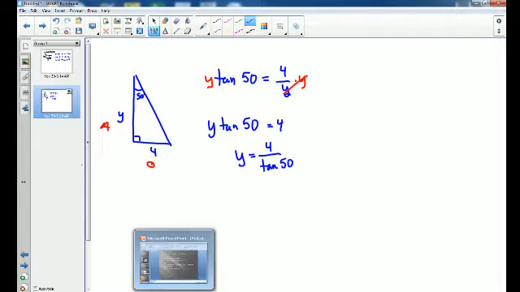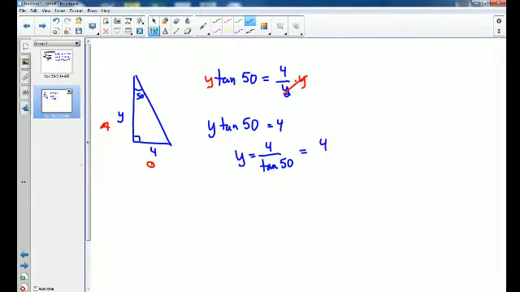3.356. What is tangent 50? I got negative 0.271. What'd you get for tan 50? Type it in. Mine's got 1.191. Why are we getting 2 different numbers? Because it needs to be in degrees.